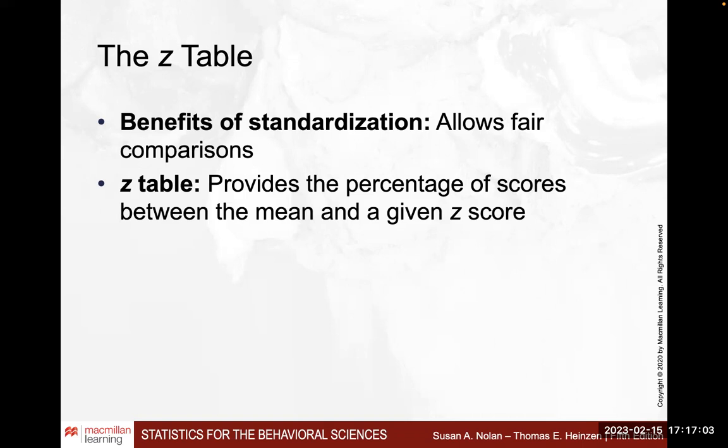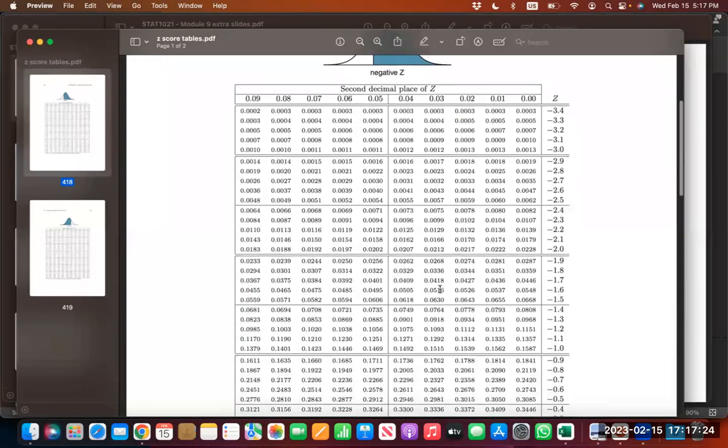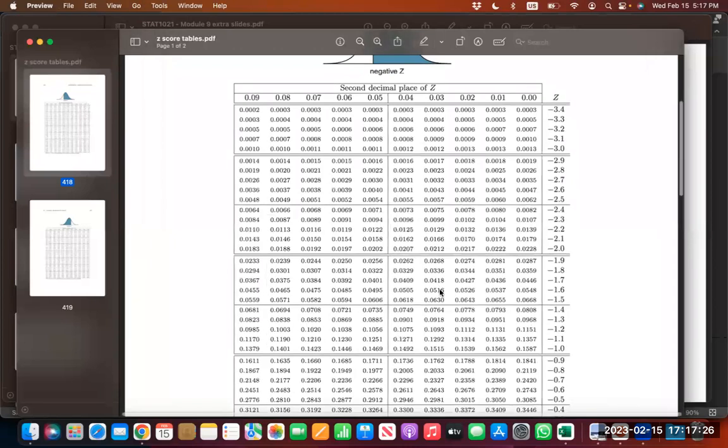So the SAT table, in addition to that, also gives you the percentage of scores in your normal distribution that are below a certain point, or, as expressed by Nolan and Heinzen here, between the mean and the given SAT score. Let's recap how that looks. Don't forget how to read this SAT score table.